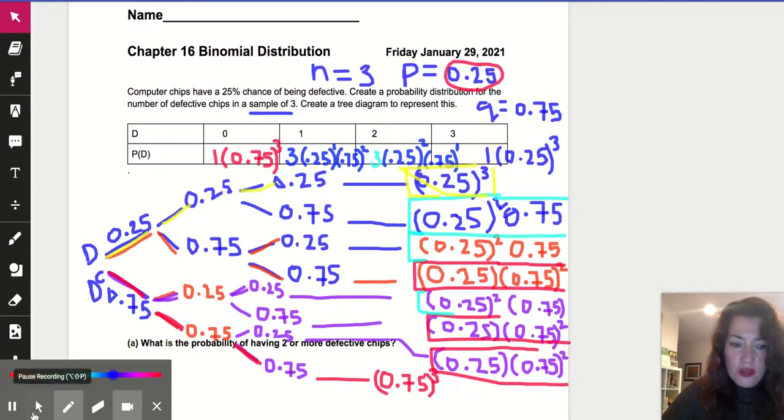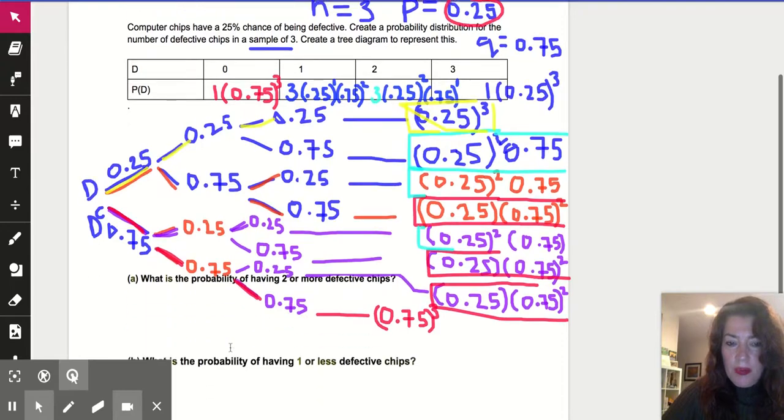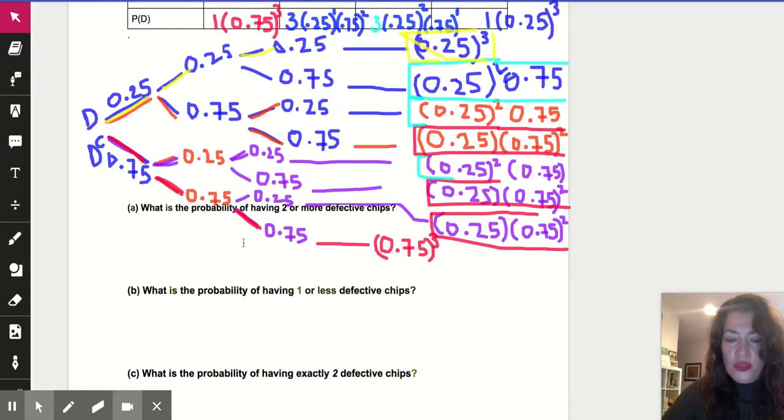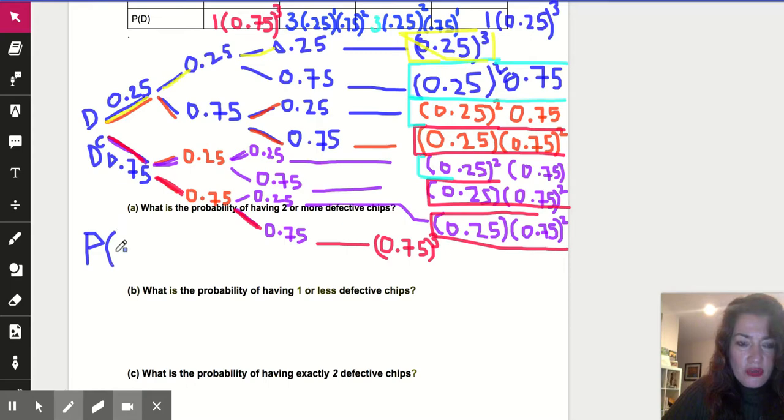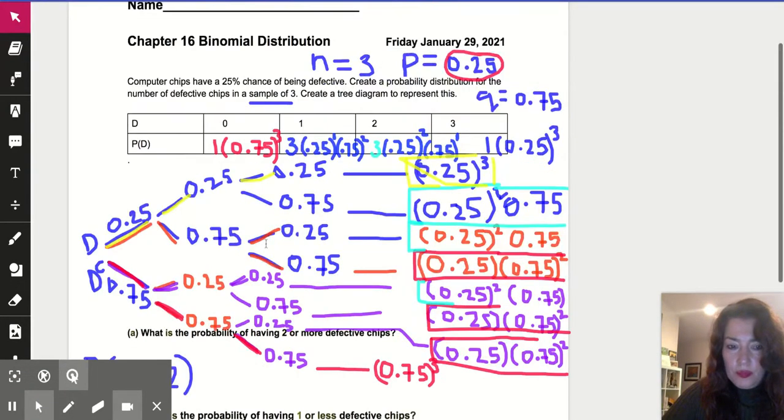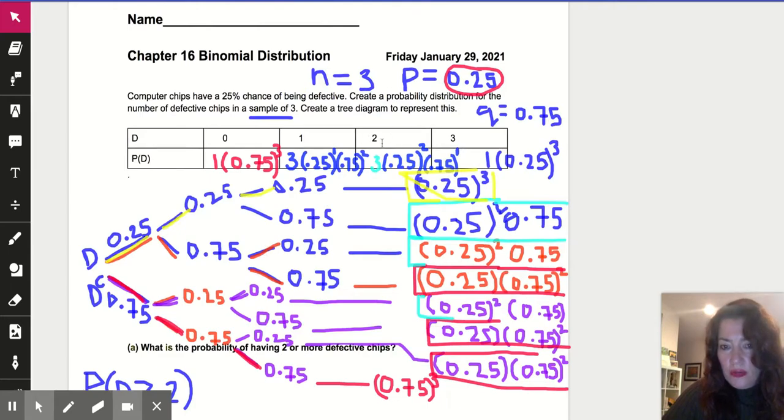To answer the next question, it says, what is the probability of having 2 or more defective chips? That is the same as asking the probability, if we let D represent our defective chips, that D is greater than or equal to 2. So all you need to do is add up the probabilities, scrolling down here, for 2 and 3, because 2 or more means 2, including 3 as well.